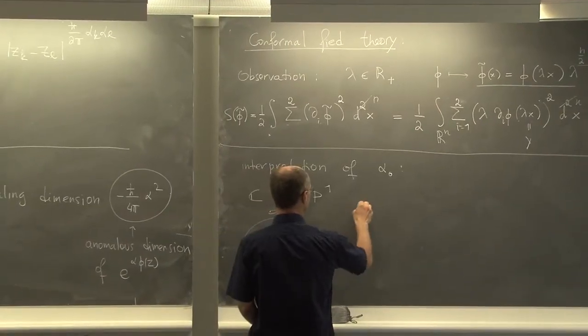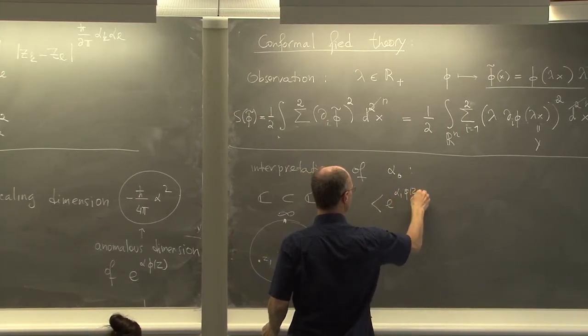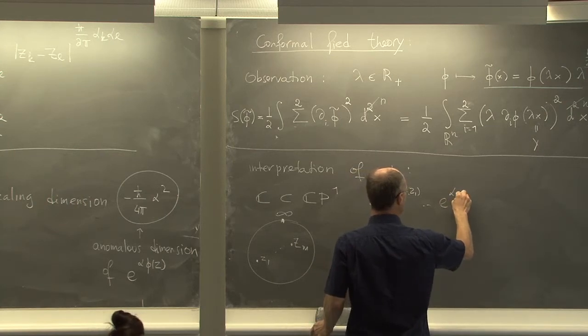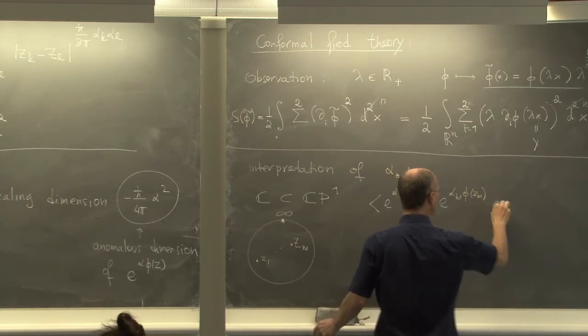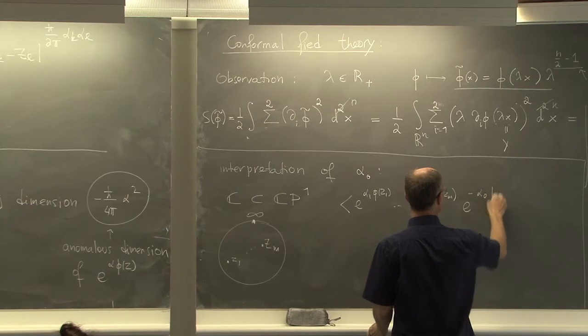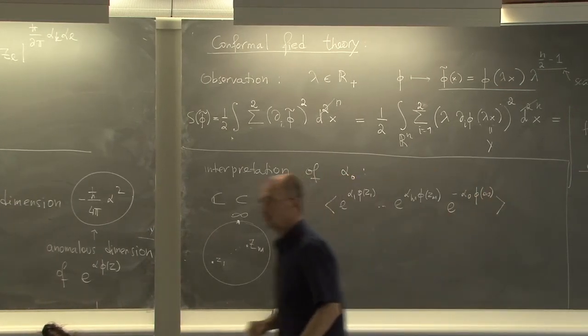So we have exponential alpha 1 phi of Z1, exponential alpha m phi of Zm, and we have exponential minus alpha 0 phi of infinity.